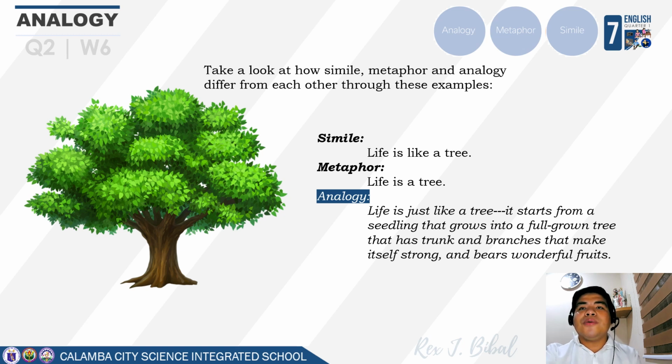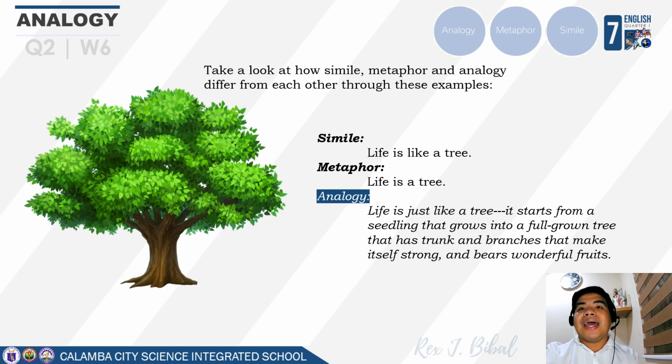Take a look at how simile, metaphor, and analogy differ from each other through these examples. A while ago, I asked you if we can associate tree with life or life with tree. Let's see. If it's a simile, it will go as life is like a tree. See that?